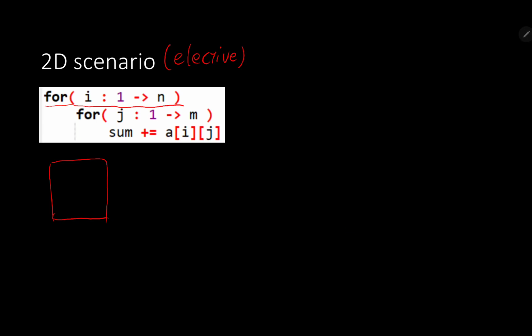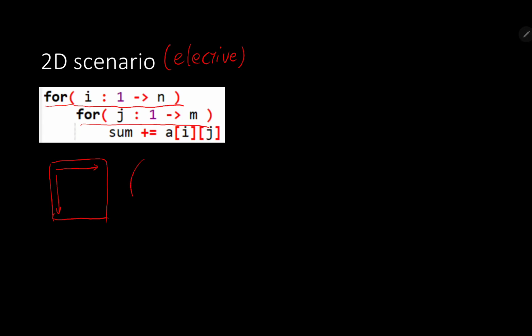But in a 2D scenario, we have two iterators. One is from the left to the right, and the other is from the top to the bottom. We will add all of the sum in this square. So we can actually implement Tomology in a 2D scenario.